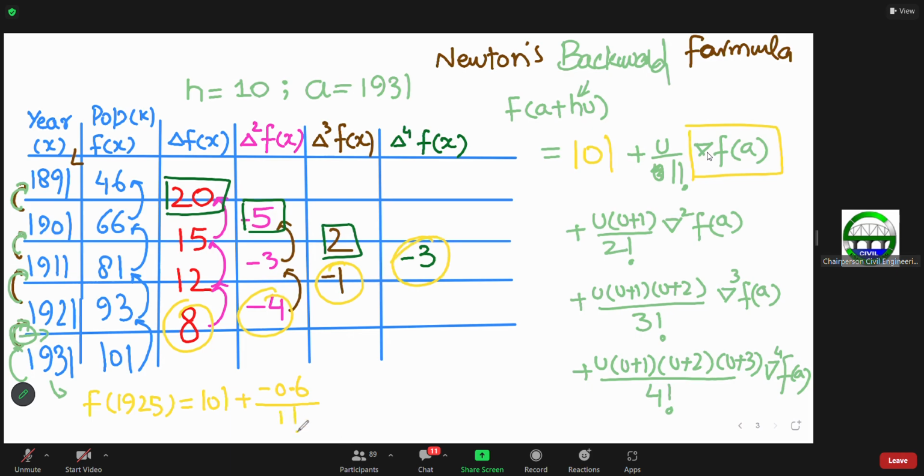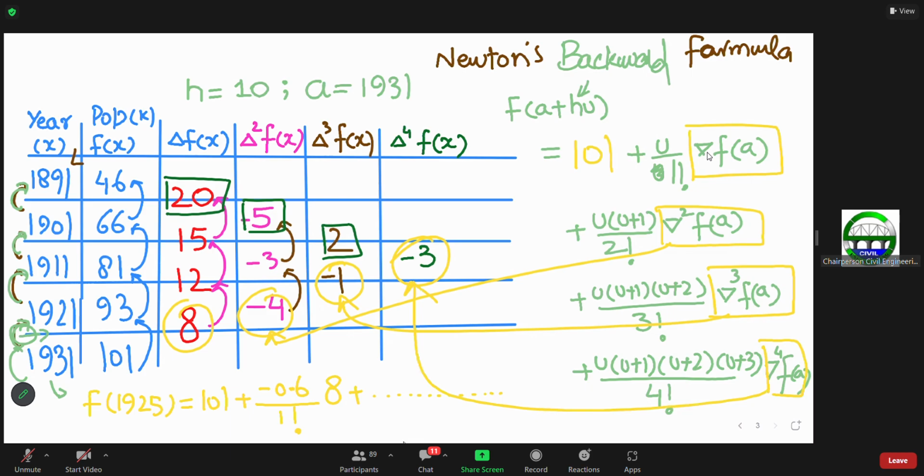So this will be 1 factorial, and 8 plus, keep doing same thing. So nabla square f of a will be minus 4 in here, nabla cube will be minus 4 in here, and nabla 4 will be minus 3 in here.